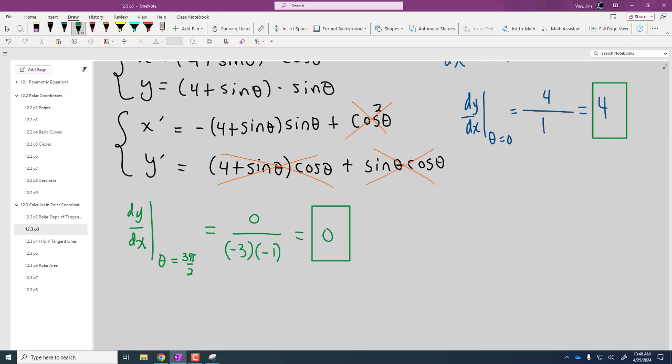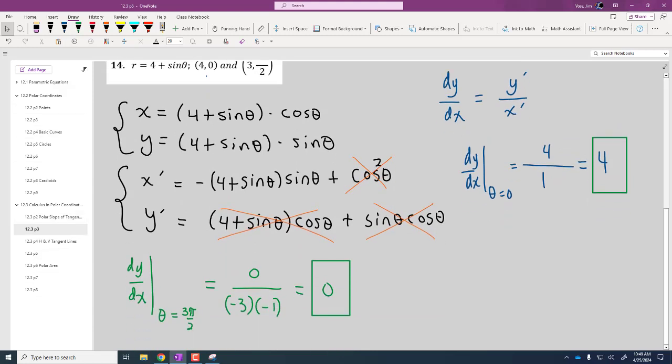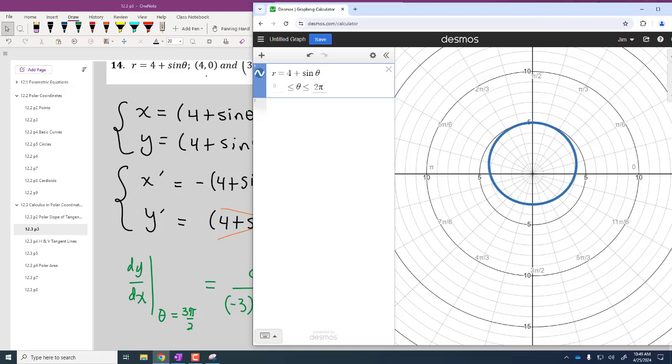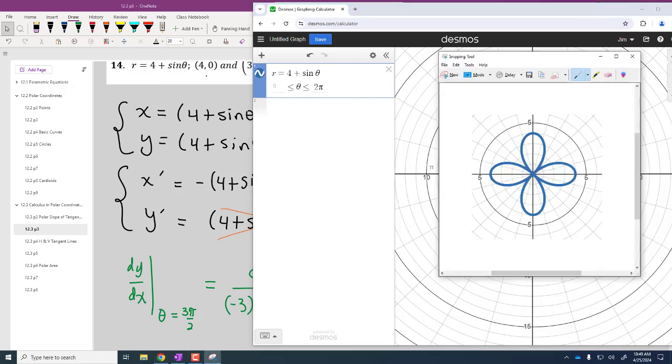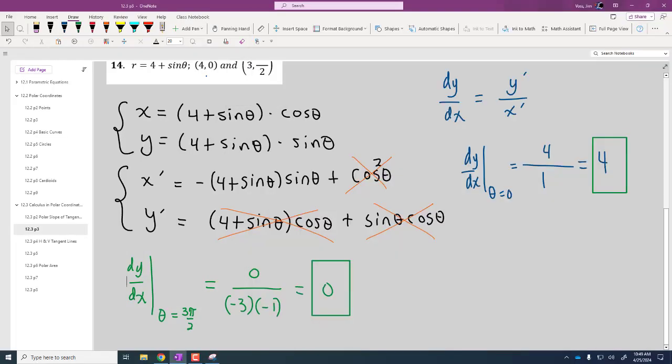So let's just draw the graph and make sure that this passes the smell test. Make sure that it smells smart. So 4 plus sine of theta. So if we graph r equals 4 plus sine of theta, we've got that. So let's grab a picture. Come over here.